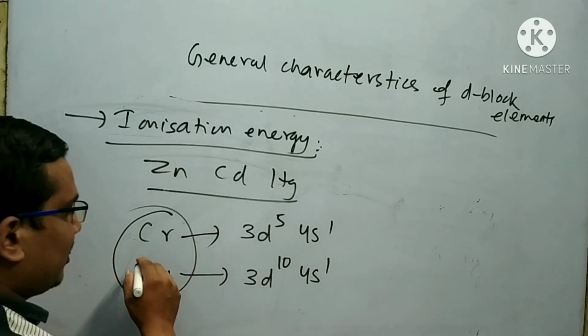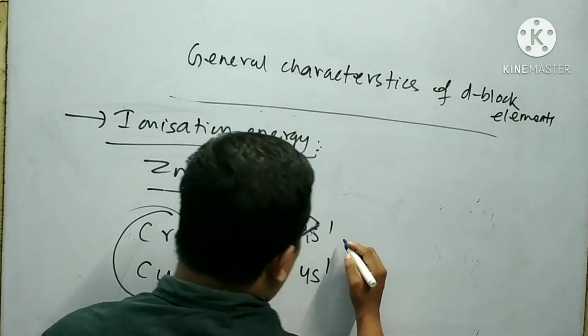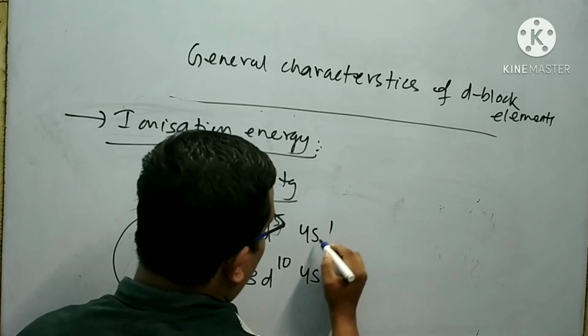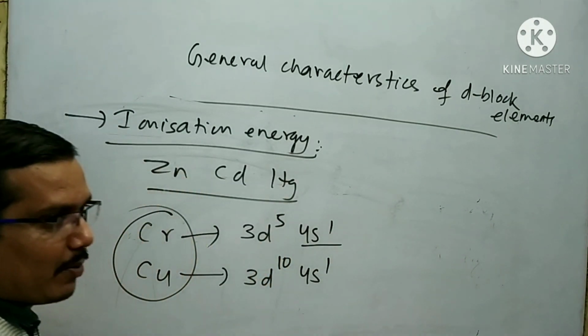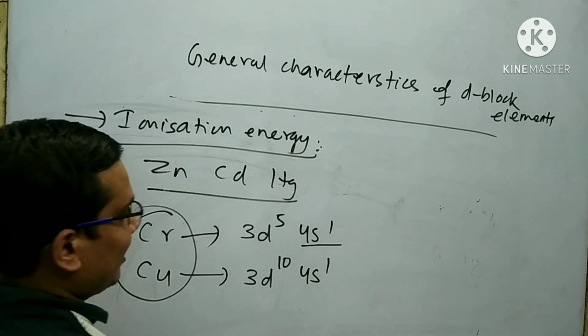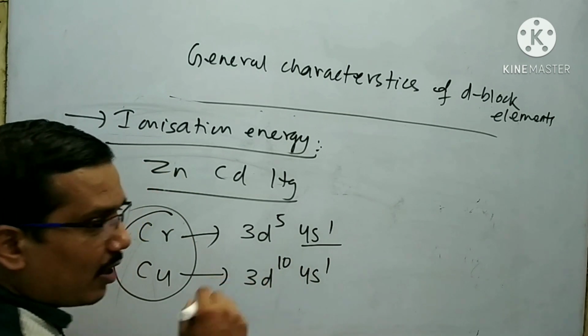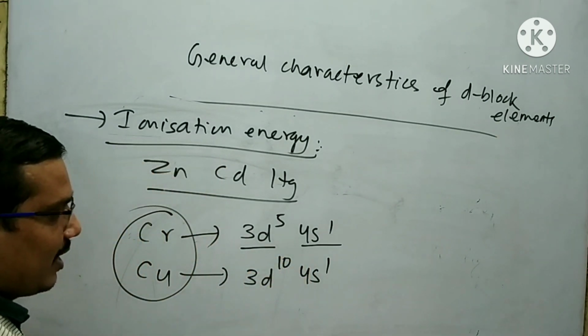The first ionization energy of chromium and copper is related to the 4s electron. But the second ionization energy is related to the removal of the electron from the 3d orbital.